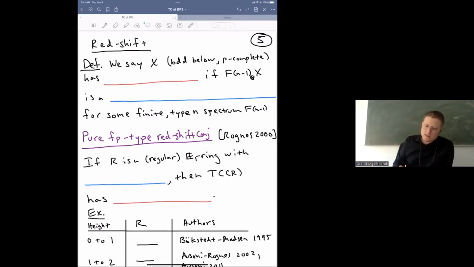Let's say that X is bounded below and p-complete. Then we say that X has pure F_p type n if, after smashing with some finite complex of type n, that's a finite cell S-module such that the nth Morava K-theory is non-trivial but the (n−1)st Morava K-theory is trivial.